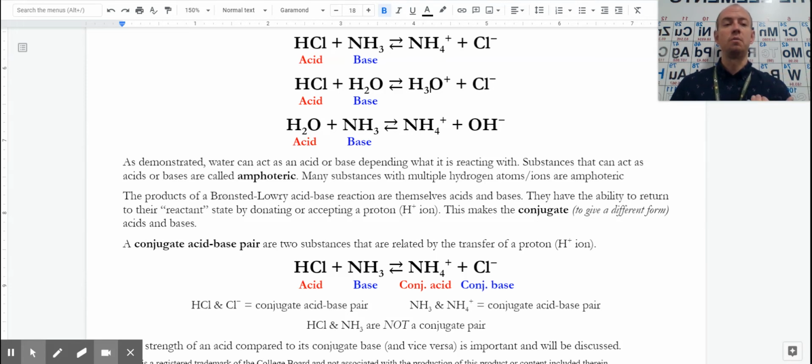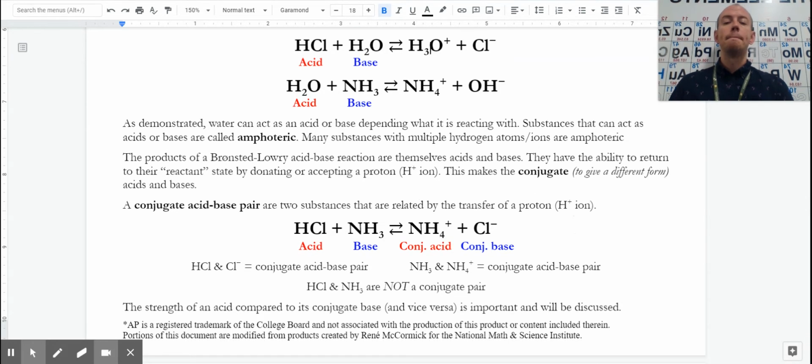When you have more than one hydrogen in your formula, that means it may be possible to be amphoteric. As I look at these reactions here, and this is that first one from up at the top, we see that it's written at an equilibrium, meaning that my reactants can turn into products, my products can turn back into reactants.